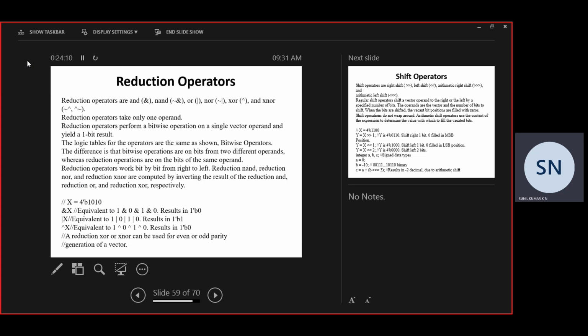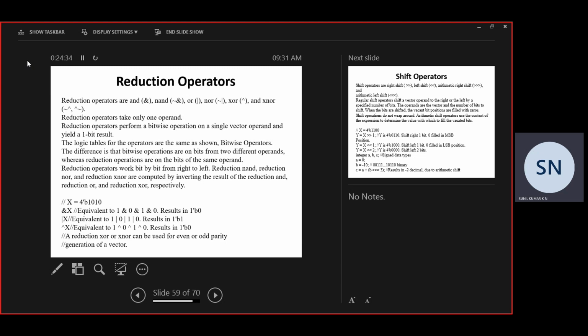So the reduction operation. For reduction operation we use the same symbols. All these symbols are the same as the bitwise operator symbols, but whenever we see reduction, it is going to perform on only one operand. Whenever you perform an operation on one operand, it is considered a reduction operation.